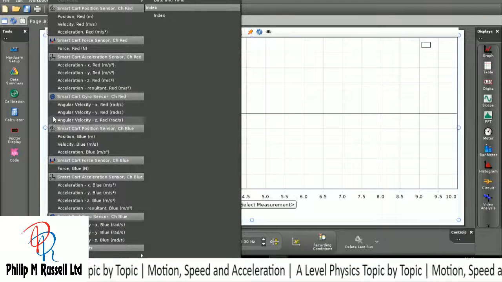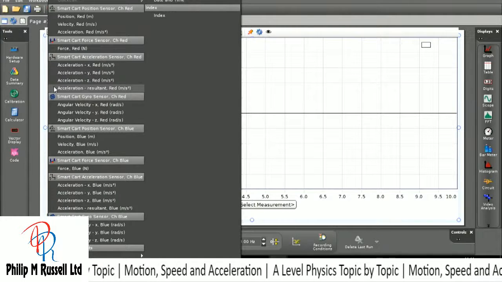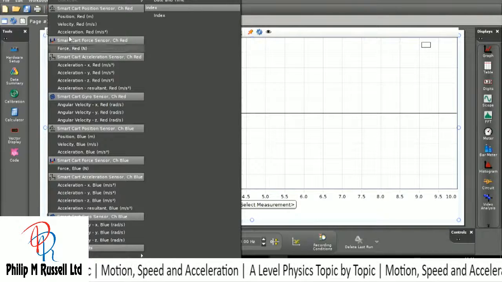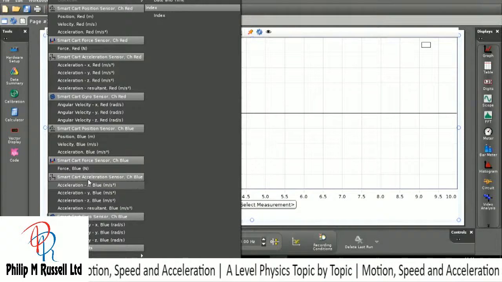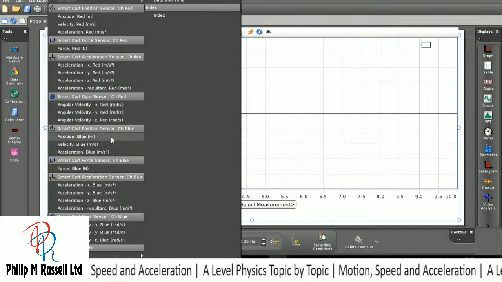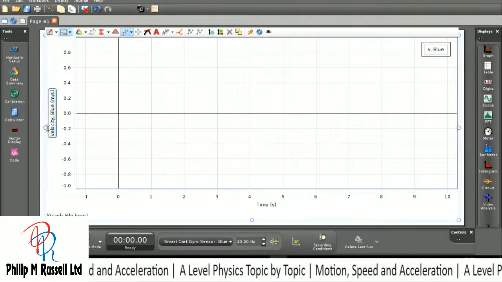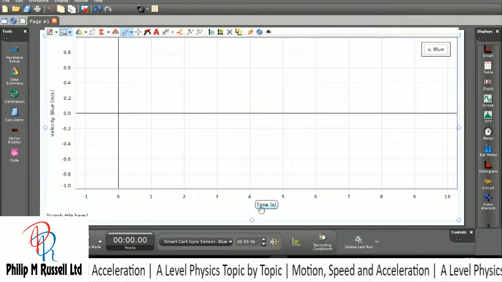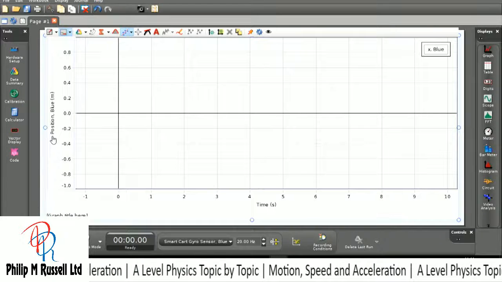I've got my blue and also a red trolley, and I'm going to choose my blue trolley. I've got various things I can do, and on my blue trolley I'm going to mark in my velocity, and it's clever enough to work out there's going to be a time as well. So I can measure velocity, or I could measure distance.